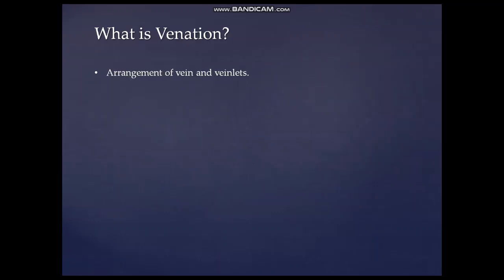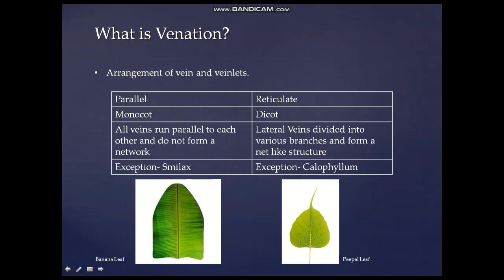After that, after lamina, we come to the arrangement of veins and veinlets, and this is called venation. On the basis of venation, we can easily distinguish between monocot and dicot.